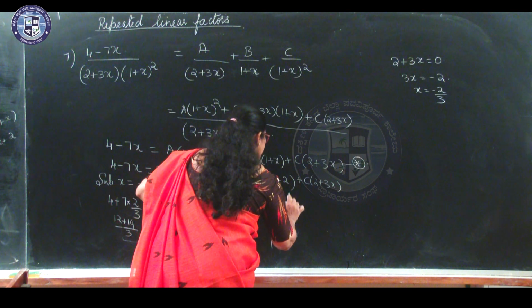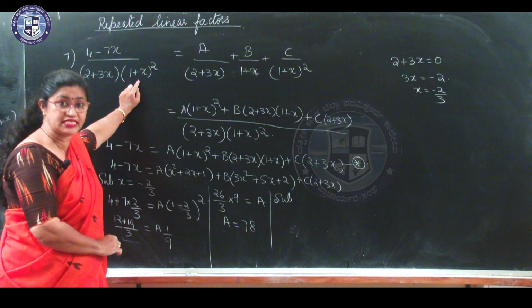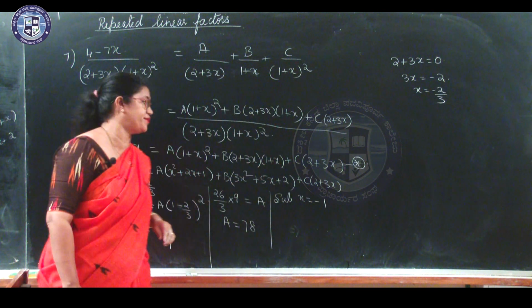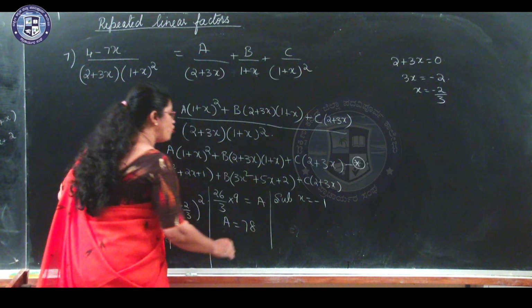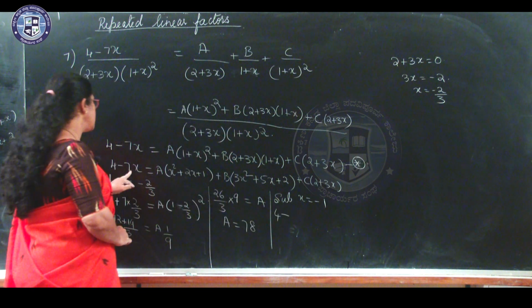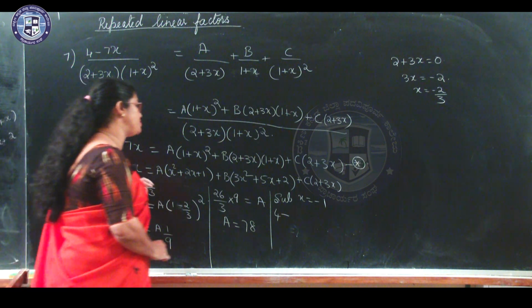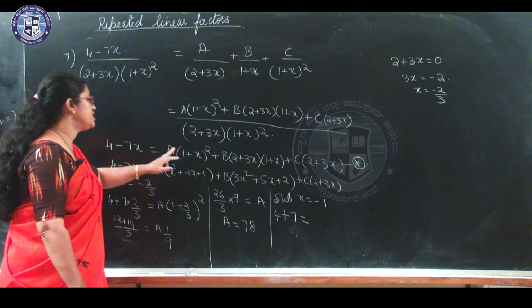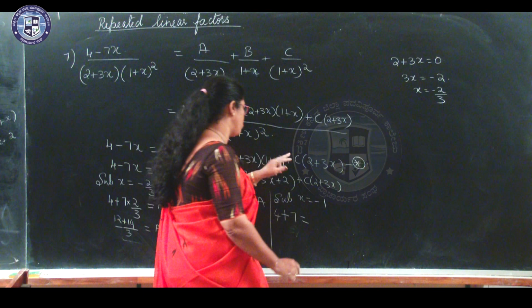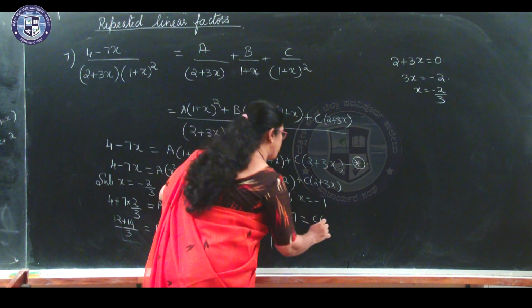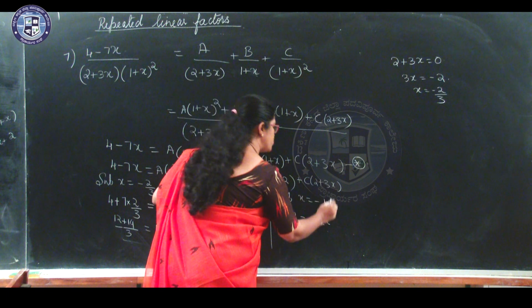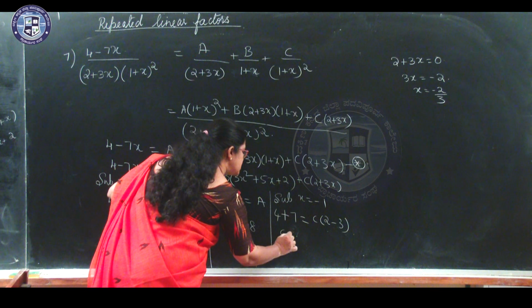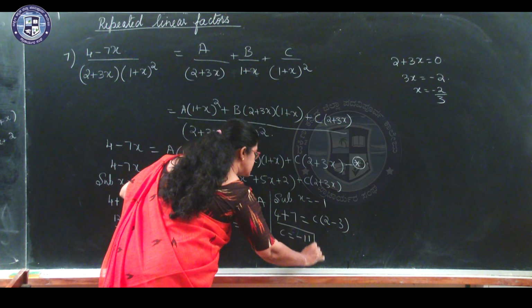Next, substitute x is equal to minus 1. When I substitute x is equal to minus 1, left hand side 4 minus 7 into minus 1, minus into minus becomes plus, 4 plus 7 is equal to, now here first term becomes 0, second term becomes 0, you get C into 2 minus 3, which is minus 1, and so you get C is equal to minus 11.